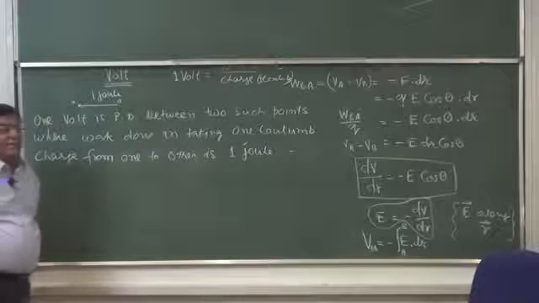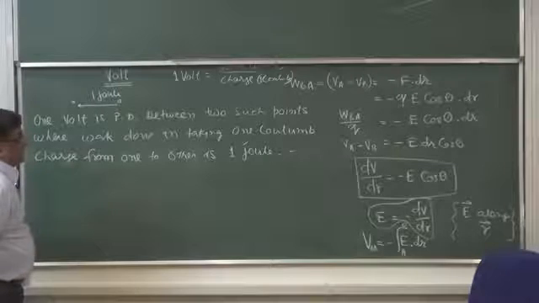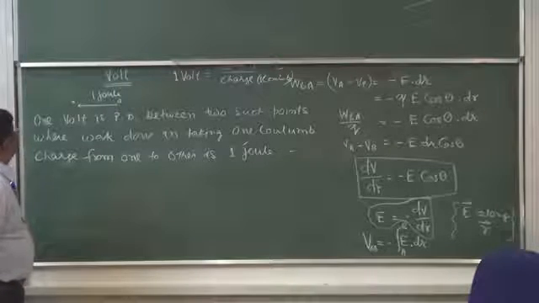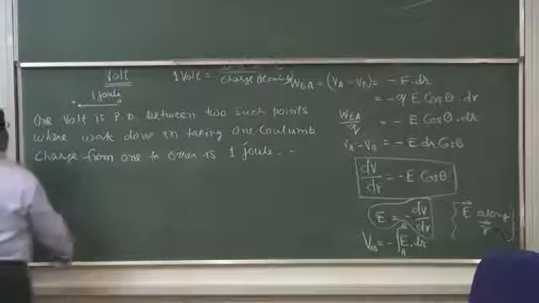If 1 coulomb is taken from one point to the other point and the work done is 1 joule, then the potential difference between the 2 points is 1 volt.